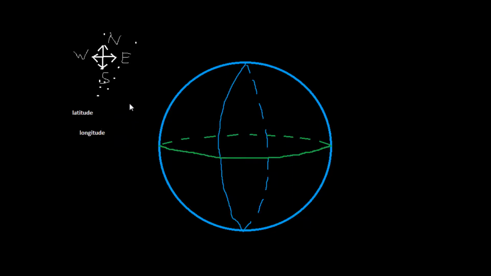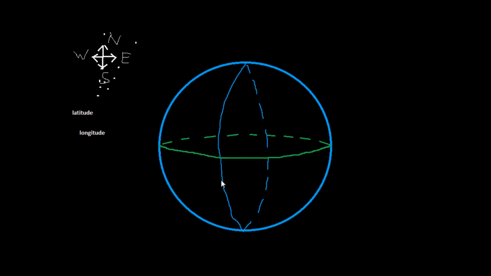So latitude tells us how far north or south we are from the equator. Longitude, on the other hand, tells us how far east or west we are from another predetermined imaginary line, which is this blue solid line, which we call the prime meridian, and we'll get to that in a minute.